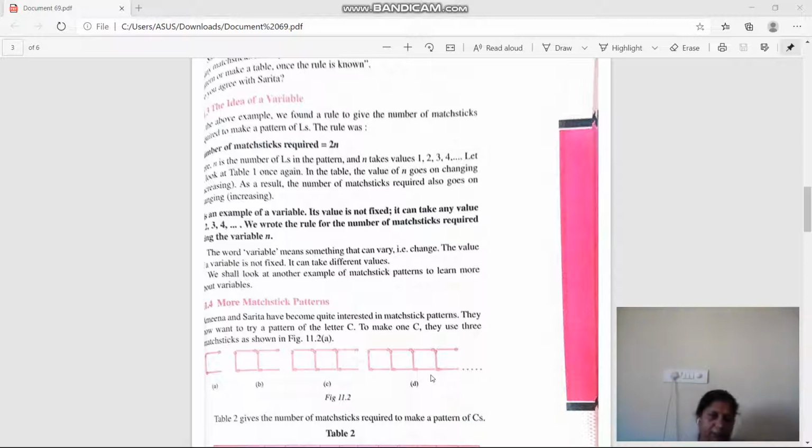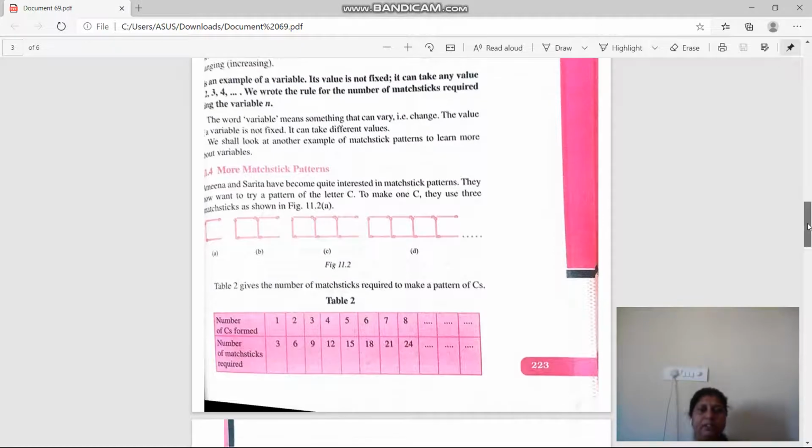See the table below. For making 8 C's, how many matchsticks are required? 24. If I say 10, then how many sticks are required? It requires 30 matchsticks, right?